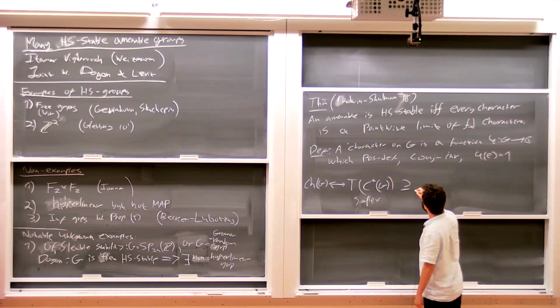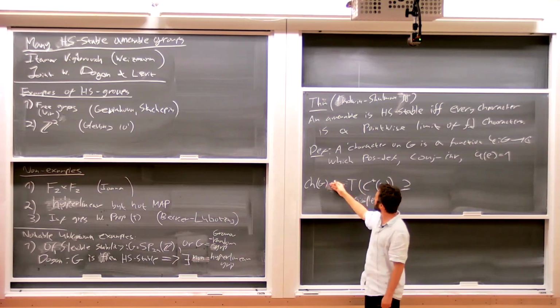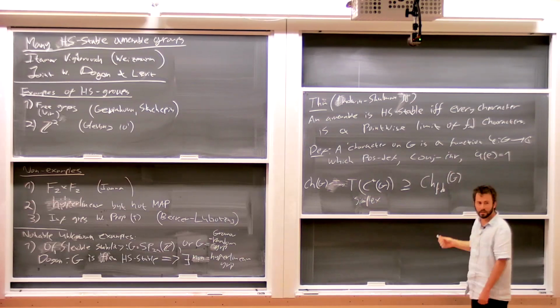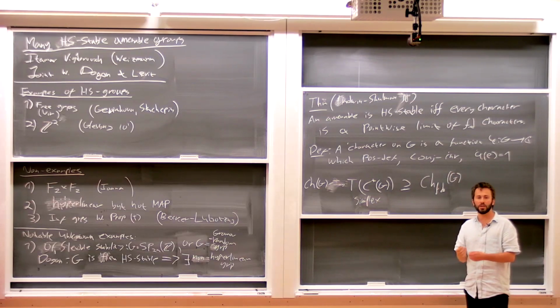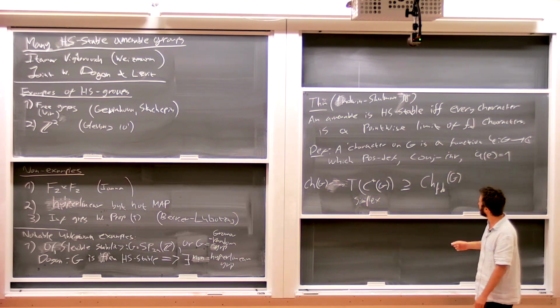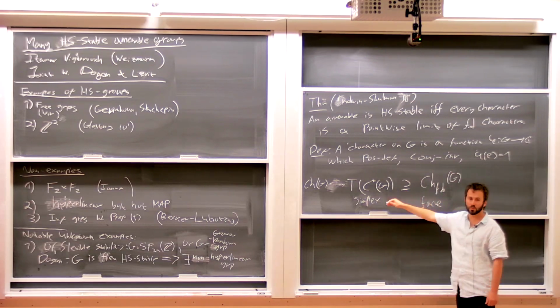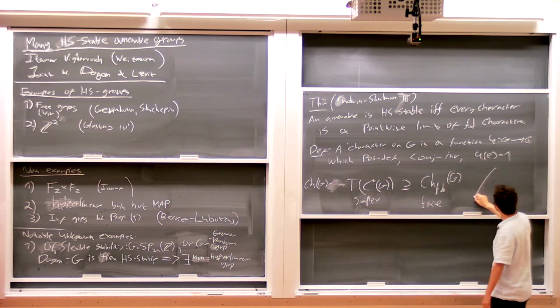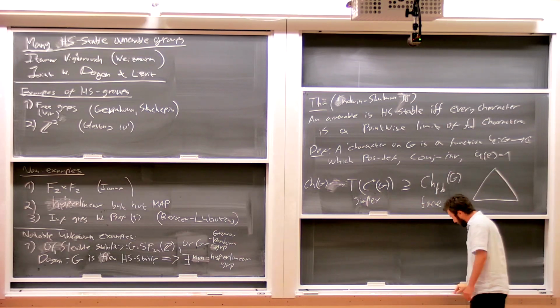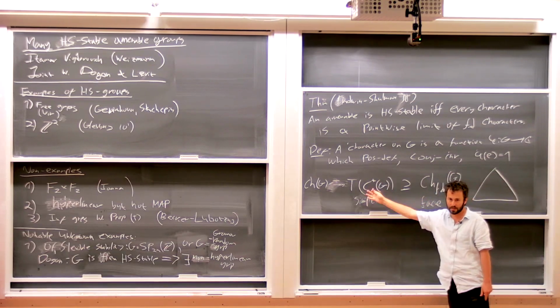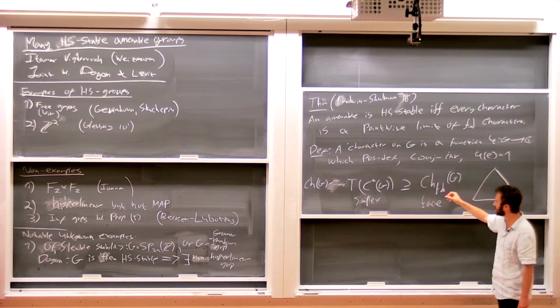Inside this space, we have what I call finite dimensional characters. These are basically characters such that if you do the GNS, you get a finite dimensional representation. You can check that this is a face. So every C-star algebra has this simplex and has this special face.